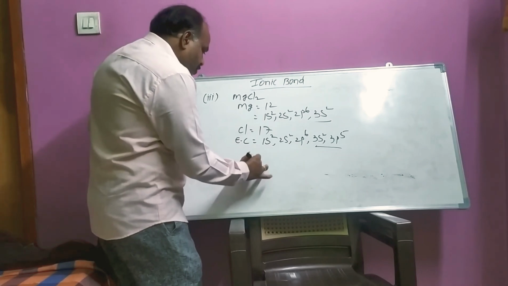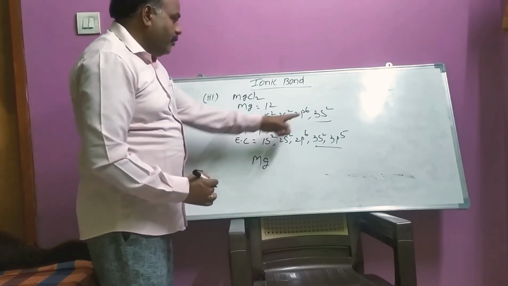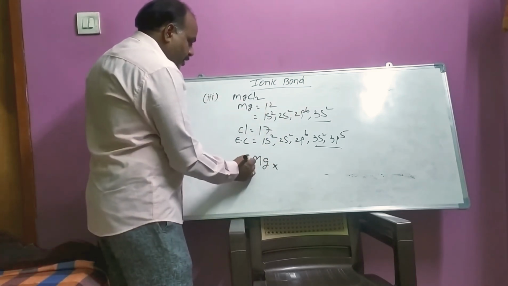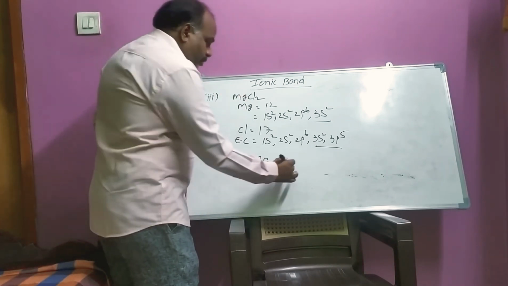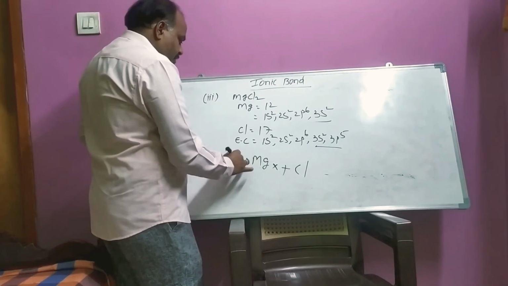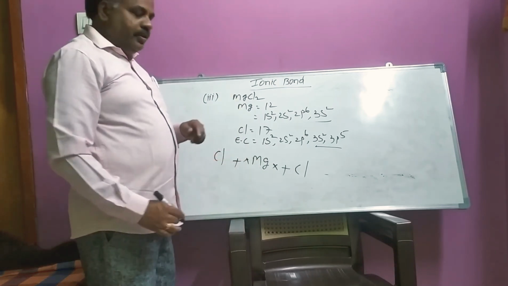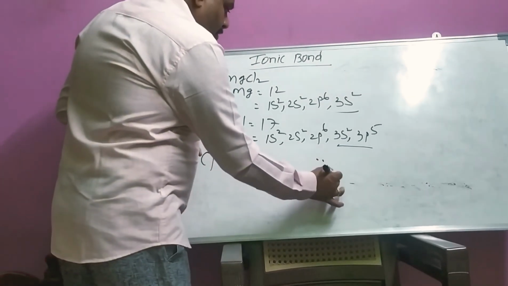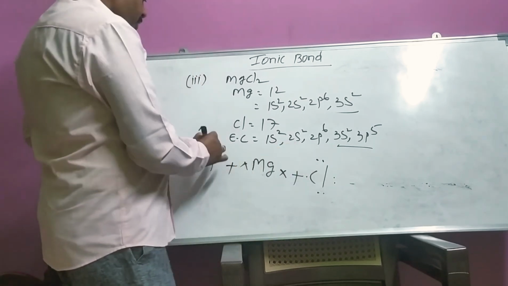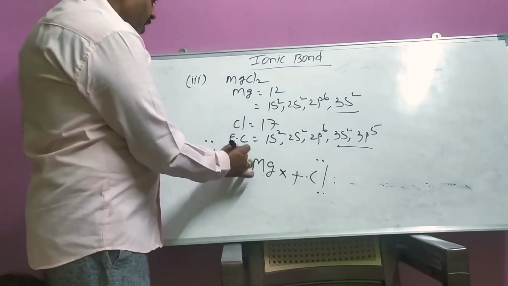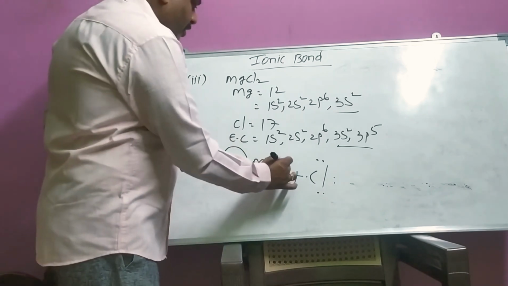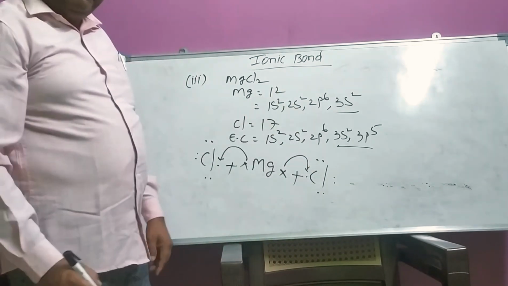So how we show it? Look here, magnesium 2 electrons, write like this. Here 2 chlorine atoms are participating in the bond, that's why show chlorine, chlorine. In this chlorine 7 electrons, in this chlorine also 7 electrons. This electron is transferred to this chlorine, this electron is transferred to this chlorine.